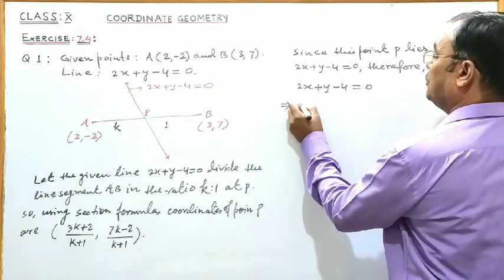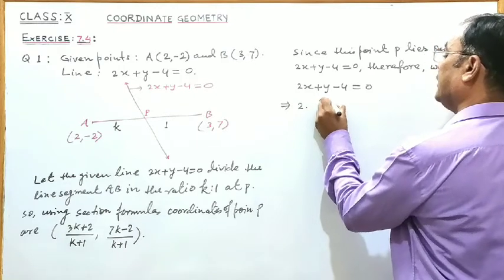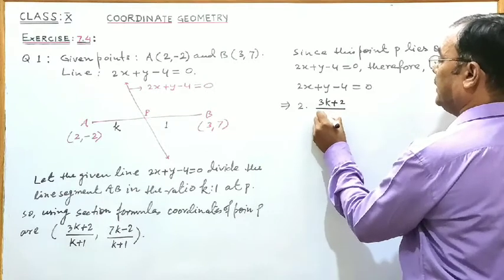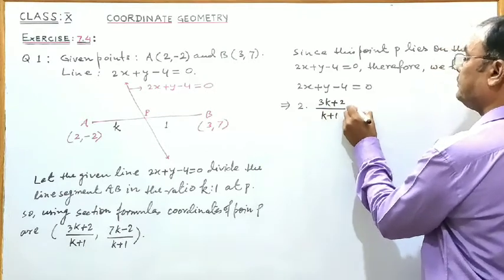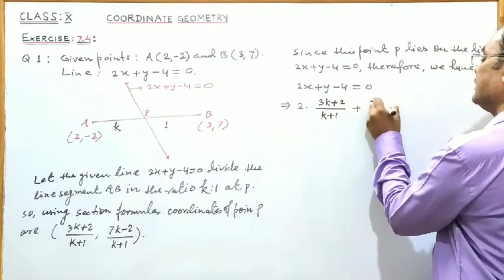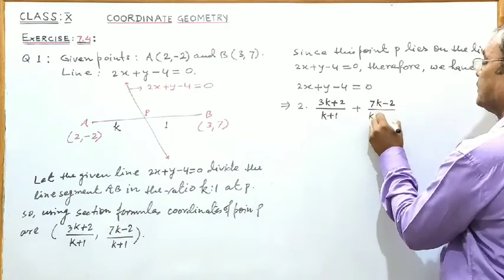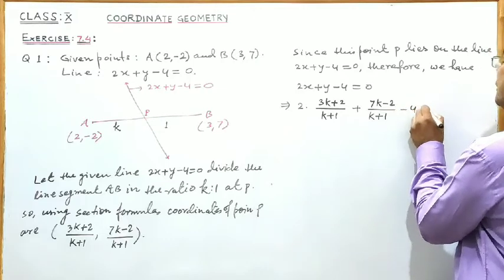So we can write 2 into (3k plus 2) by (k plus 1) plus (7k minus 2) by (k plus 1) minus 4 equal to 0.